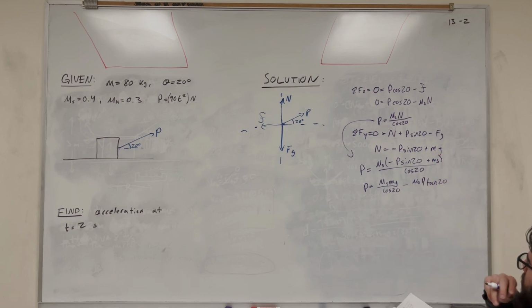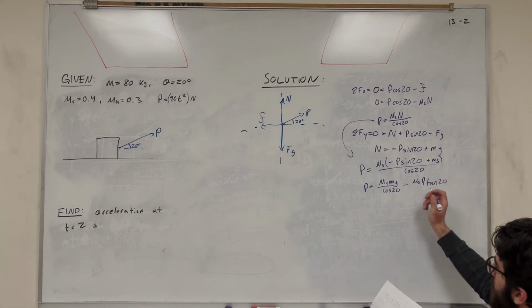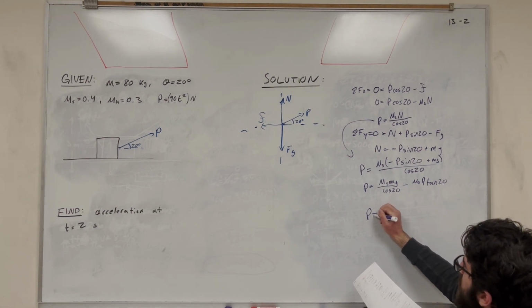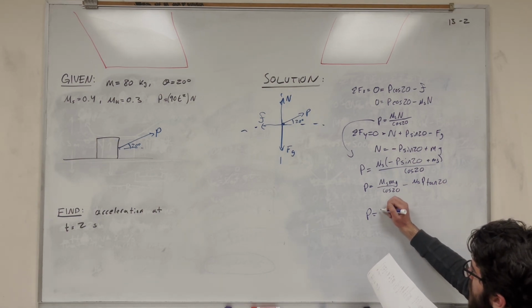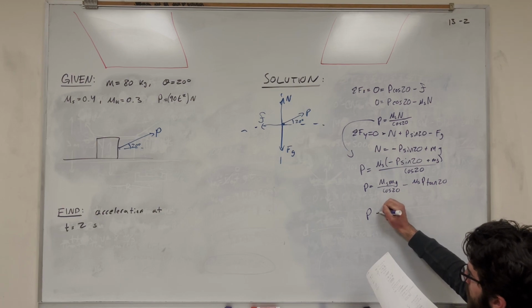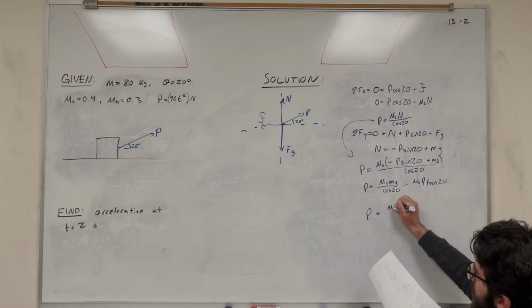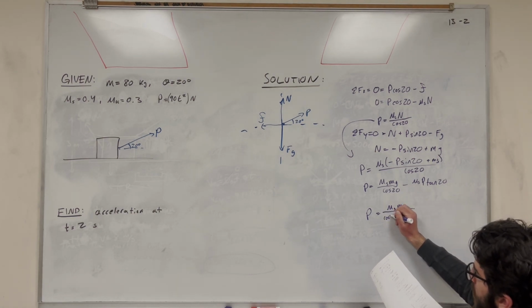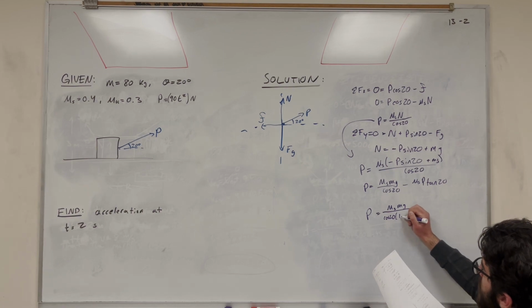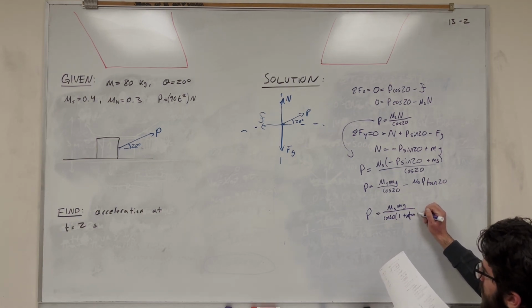Because sine over cosine is tangent. So if you want to get P by itself, of course we're going to move one of these over, and we're going to get P is equal to coefficient of static friction, mass times gravity over cosine of 20, 1 plus coefficient of static friction tangent of 20.